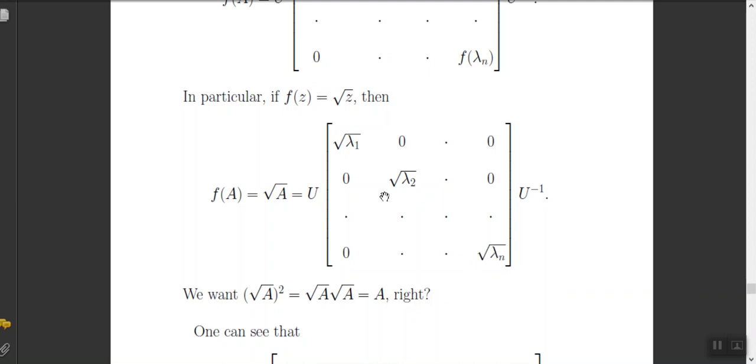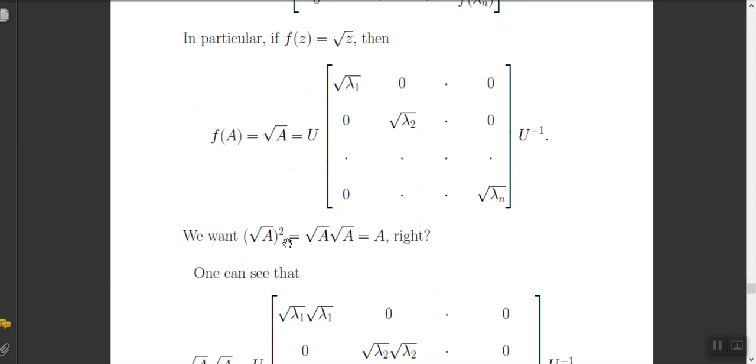Of course, F must be defined on the spectrum of A, meaning the eigenvalues of A. Then we can define F of A. And we have this property similar to ordinary calculus: the square root of A squared equals A.